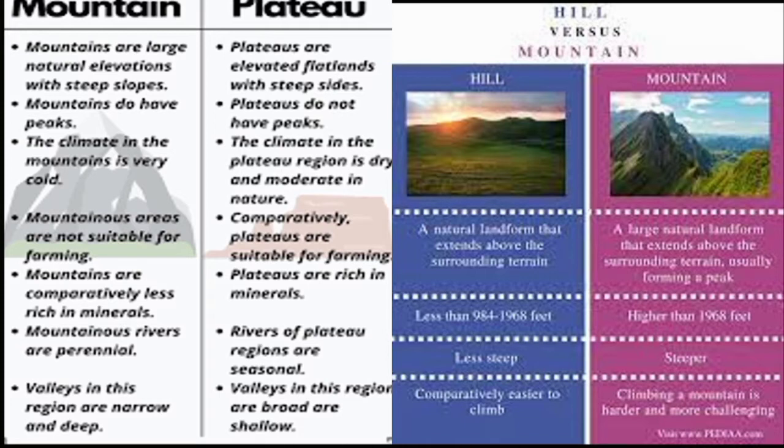In a mountainous region, settlement is usually not advisable. That is to say, it does not encourage the settlement of people due to the cold weather condition of the place. But on the other hand, a plateau, because of the moderate weather condition, usually encourages settlement.